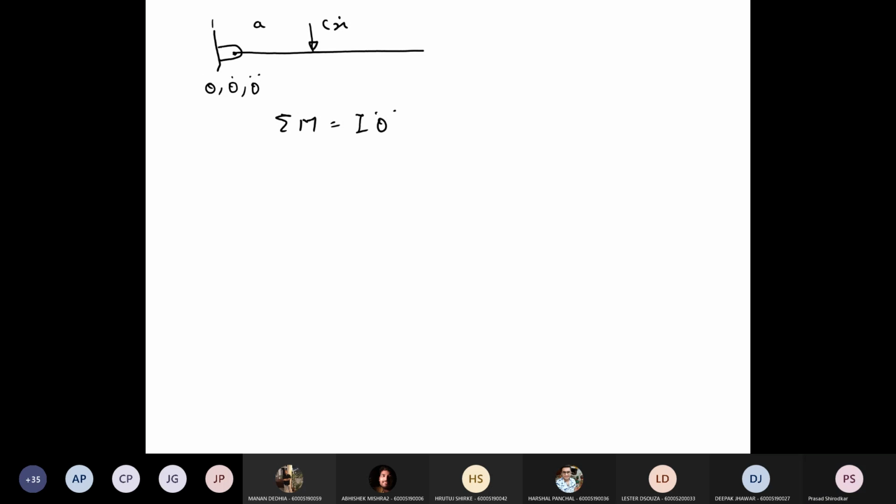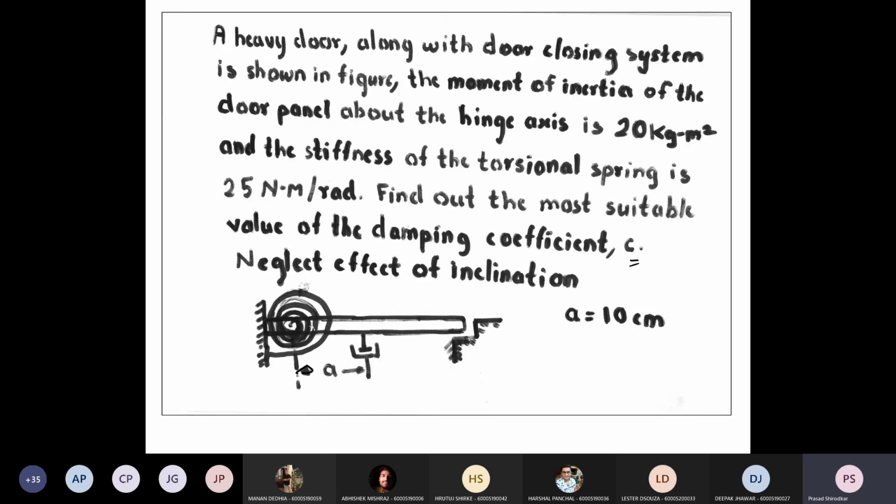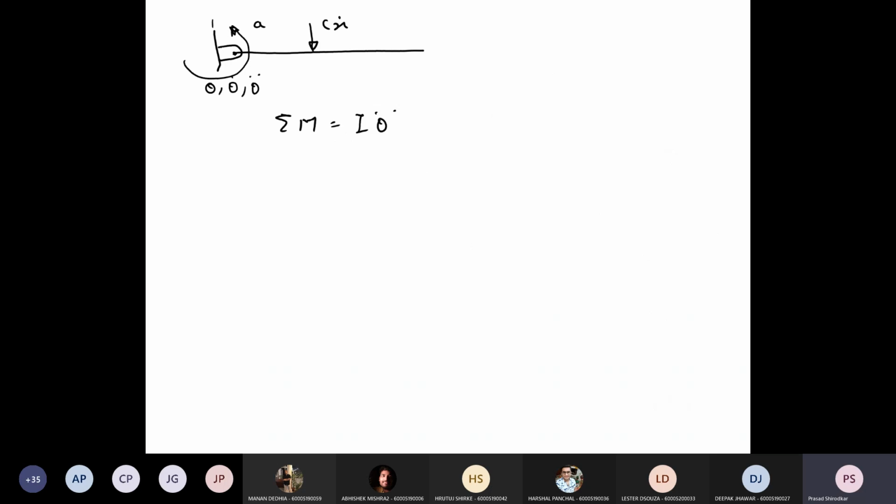This is the displacement, and if you see the diagram, you have a torsional spring over here, like the one you have in toys. Since the motion is clockwise, the torsional spring will exert a moment in the opposite direction, equal to K torsional into theta.